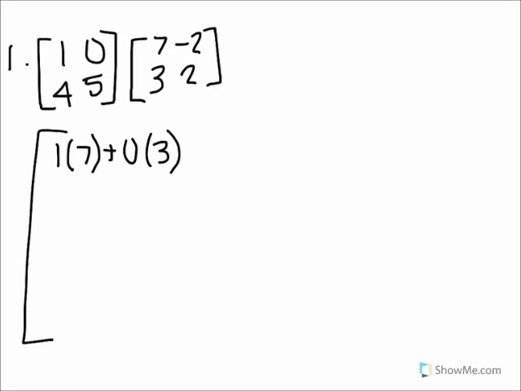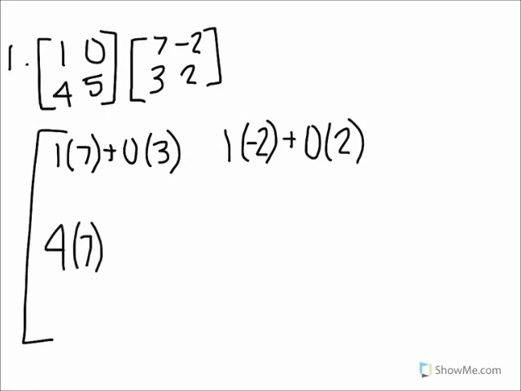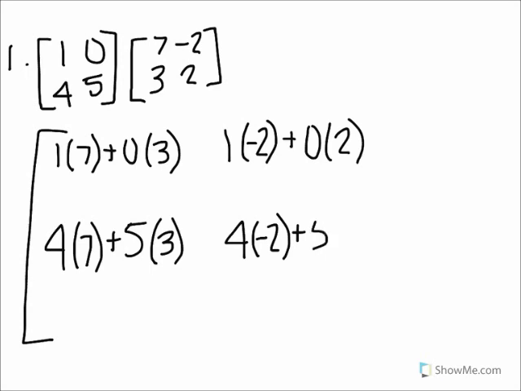The next one, you will do 1 times negative 2 plus 0 times 2. 4 times 7 plus 5 times 3. 4 times negative 2 plus 5 times 2.